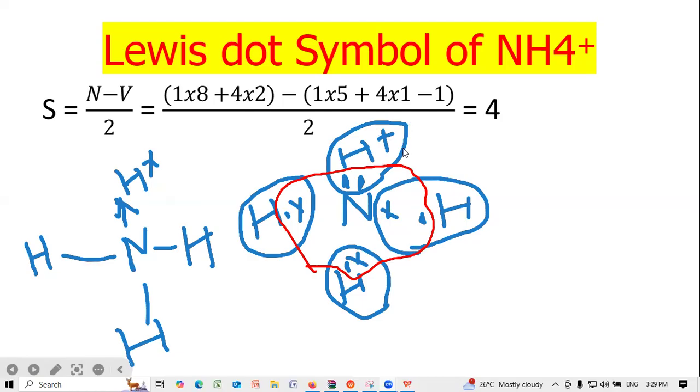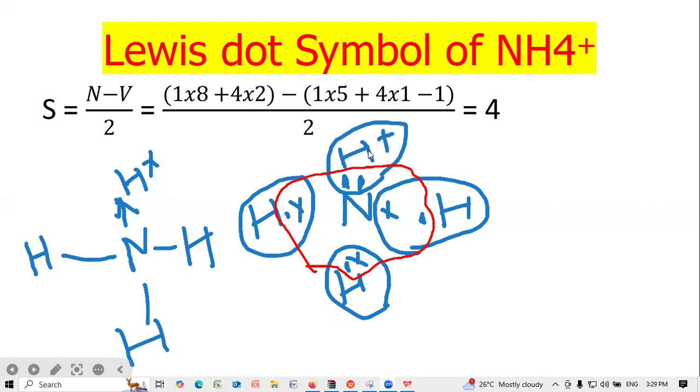You should remember 2 points. One is that you subtract in the valence electrons, and another one is that in writing the Lewis dot symbol, you should subtract or reduce the electrons of the surrounding atoms, not the central atom. See, so I have reduced this hydrogen's one electron, that's why it is plus.